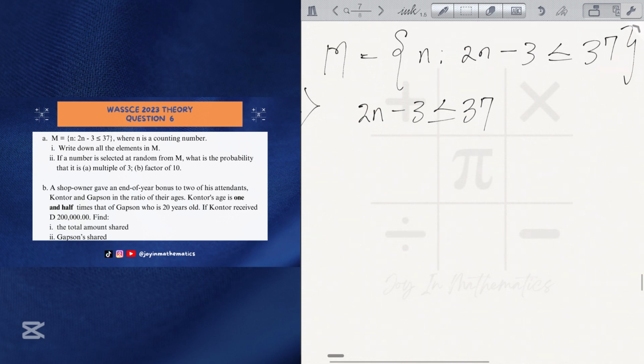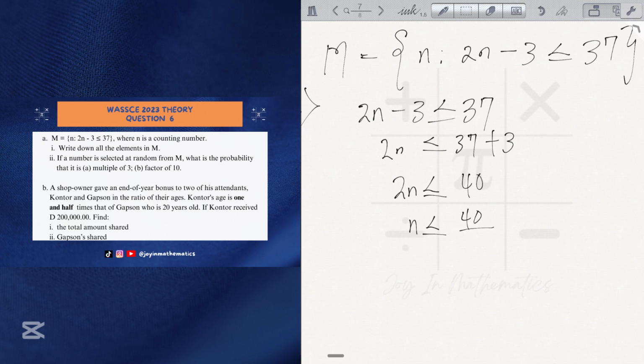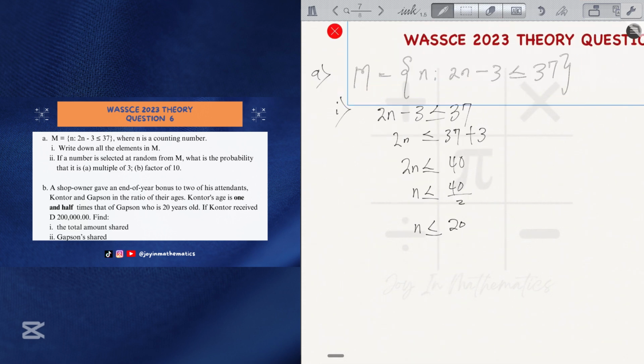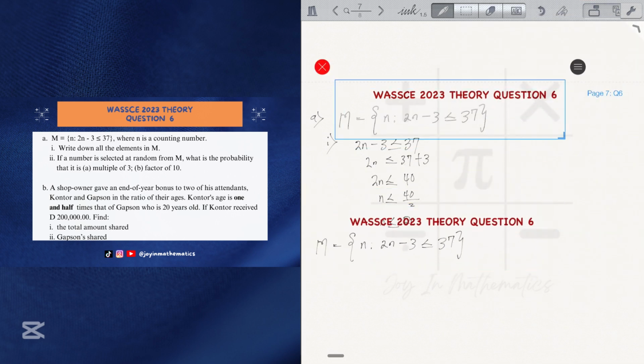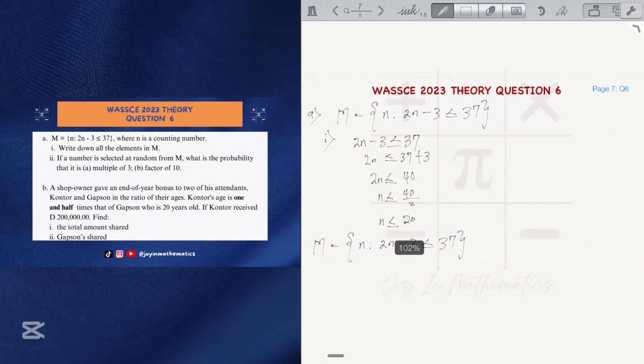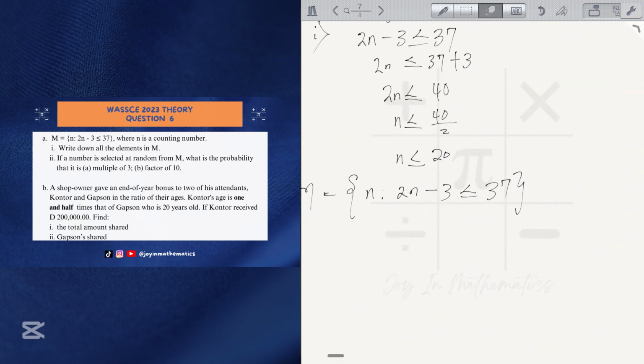So we move minus 3 to the right hand side. 2n is less than or equal to 37 plus 3. 2n is less than or equal to 40, and n is less than or equal to 40 divided by 2. So we have n less than or equal to 20.